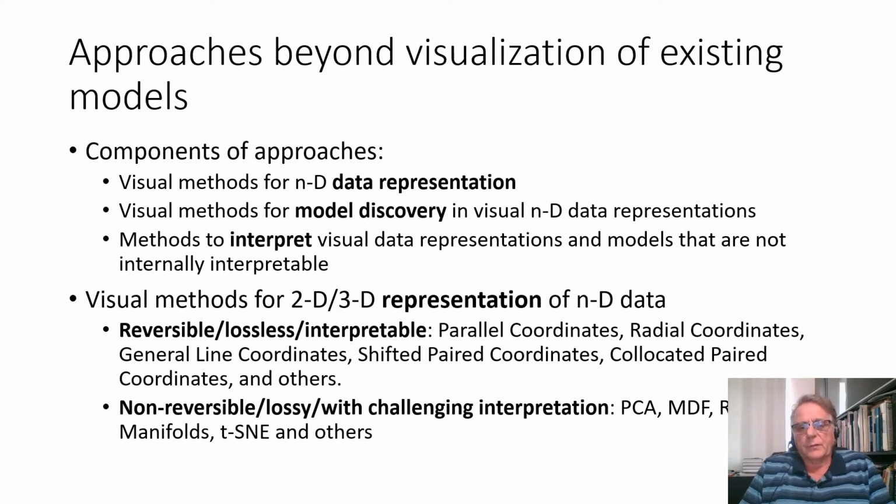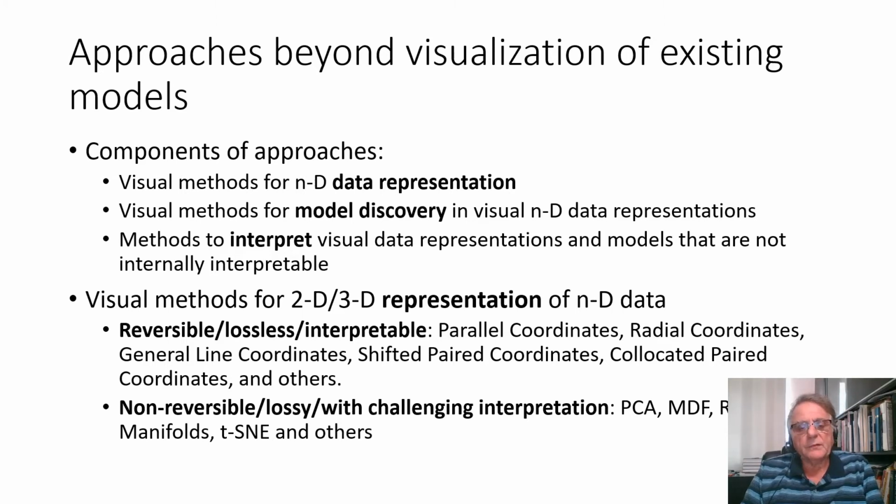So when we want to go beyond visualization of existing models, we need a visual method for ND data representation that will preserve all ND information in 2 dimensions. Then we need a visual method for model discovery in this n-dimensional data, and a method to interpret visual data representations and models that are not internally interpretable, like we talked about at the very beginning.